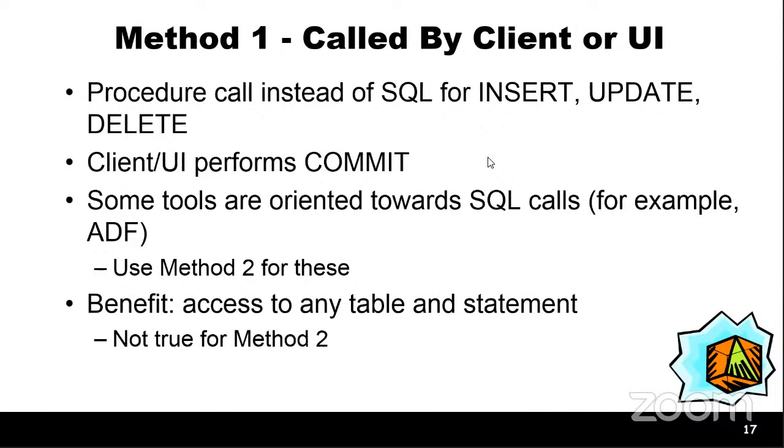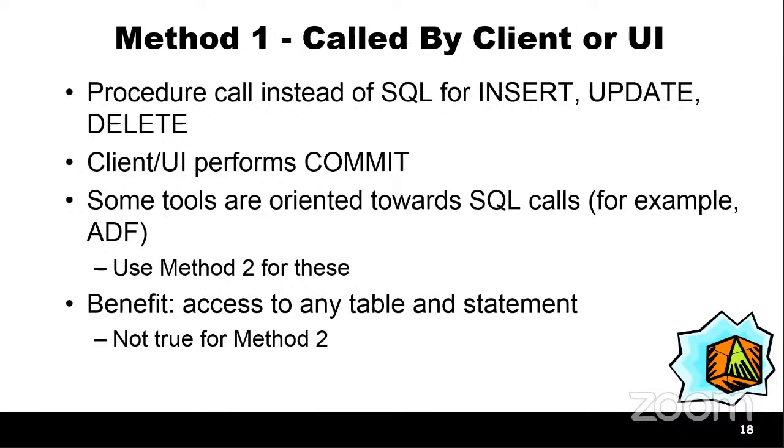Look at the first method first, which is, again, a procedure call instead of SQL for insert, update, delete. So the client has to do the commit, instead of having it in the statement itself. There are some tools that are more oriented towards SQL calls, in which case you would use method 2, which we'll look at a little later.